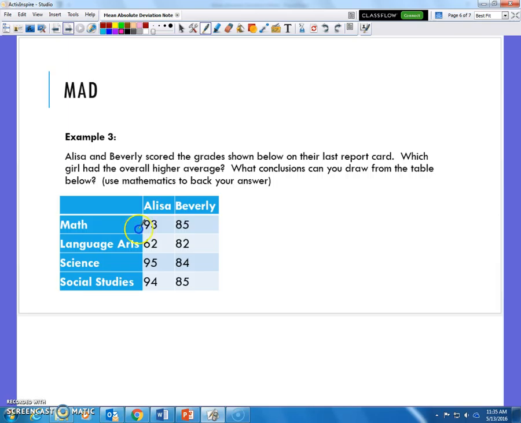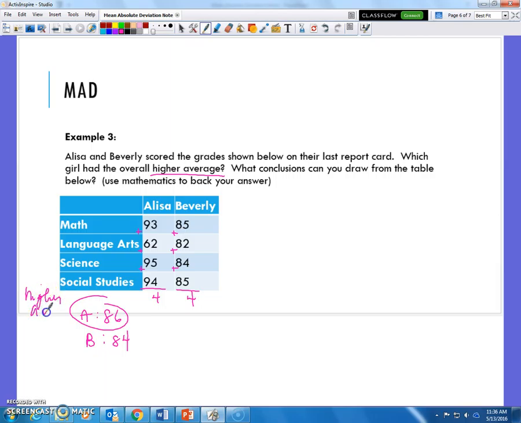I'm going to add up the scores for Elisa and divide by 4 this time, and do the same for Beverly and find her average. I'm going to pause it and do that calculation. After I found the average of Elisa to be 86 and the average of Beverly to be 84, the higher average would be Elisa.